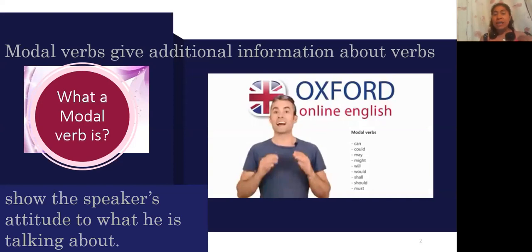I am saying that I have the ability to swim. So the modal verb expresses what the speaker refers to. Maybe an ability, maybe an obligation, or maybe a suggestion or an advice, and so on.